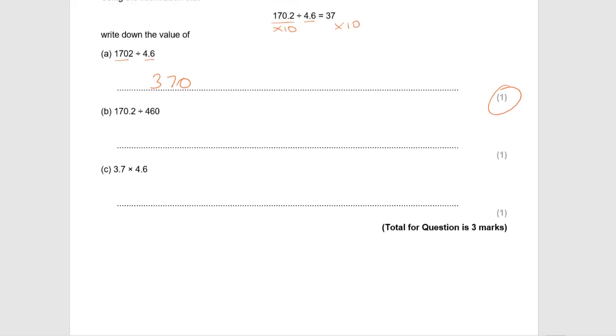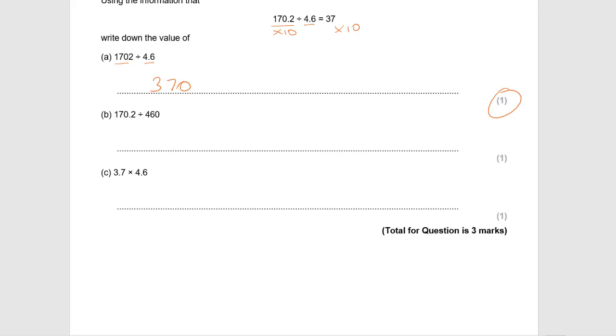Next one. 170.2 divided by 460. This time the number we're dividing by is getting bigger. Therefore we know the answer is going to be smaller. Now how much is it getting bigger by? 4.6 times 100 gives us 460.